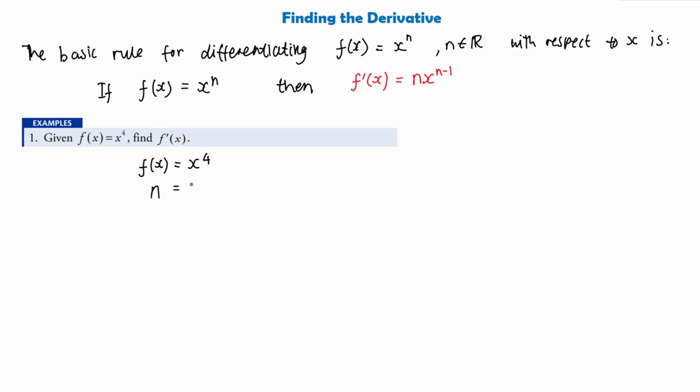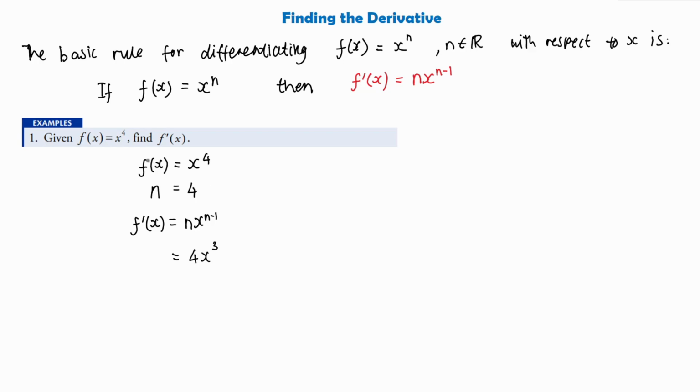We say that our n in this case is going to be 4. So our derivative, we said, is n x to the n minus 1, which is simply equal to 4x, and then n minus 1 is 4 minus 1, which is 3. So we say our derivative, f dashed x, is equal to 4x cubed.